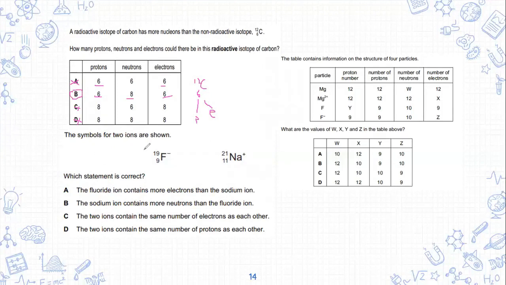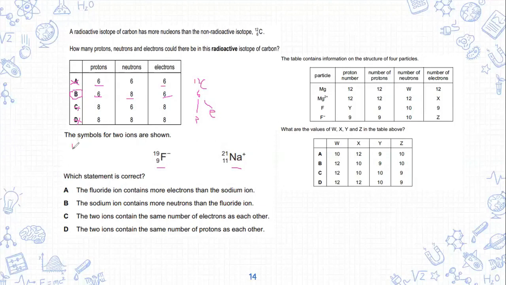Coming to the next question, the symbols for two ions are shown. So we have fluoride and we have sodium. Which statement is correct? First of all, we need to find the number of protons, neutrons and electrons, as it was shown over here in this table. You have been given the data for the fluoride and for the sodium.